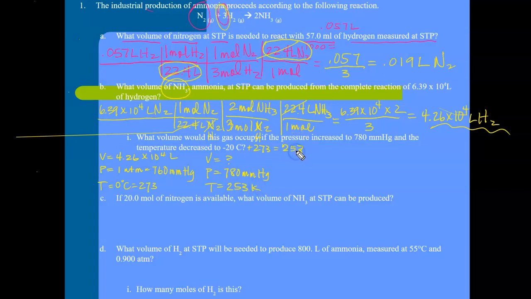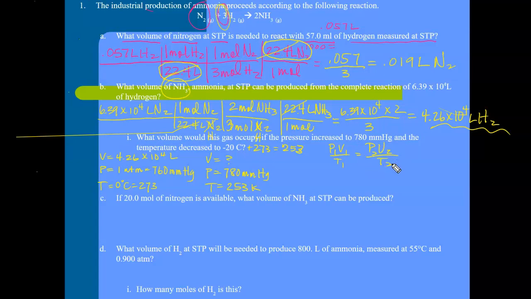All right, so nothing has really changed except that I have 3 conditions, volume, pressure, and temperature, changing to 2 new conditions and solving. So I'm going to use the combined gas law, which if you remember was P1 times V1 over T1 equals P2 times V2 over T2.